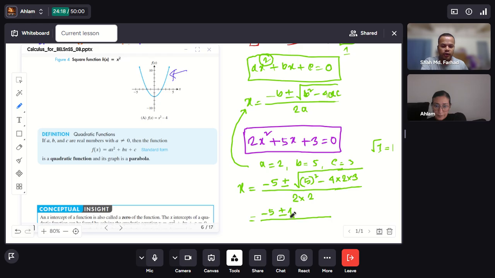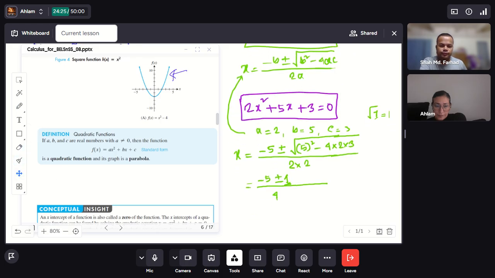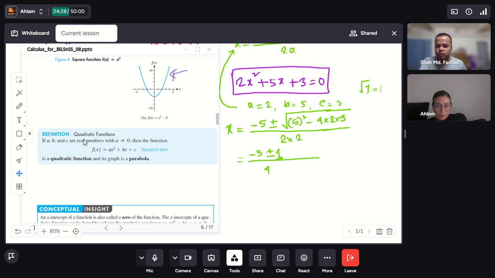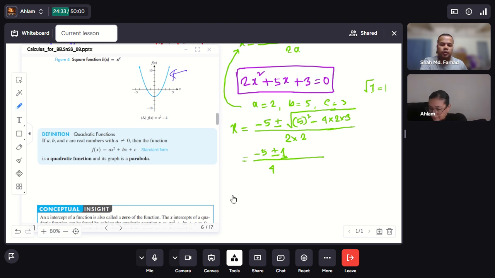So it will be 1 here, and then divided by 4. If we consider plus at first, it will be negative 5 plus 1 over 4, and then negative 5 minus 1 over 4.